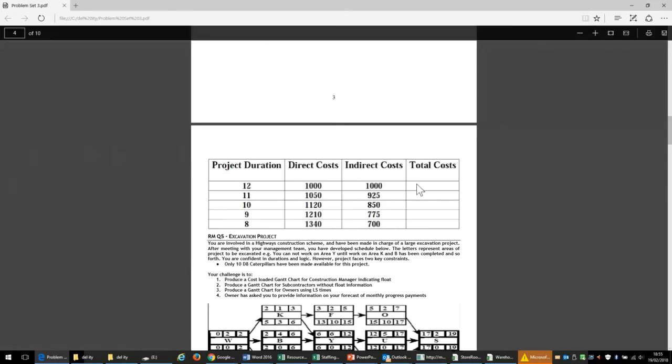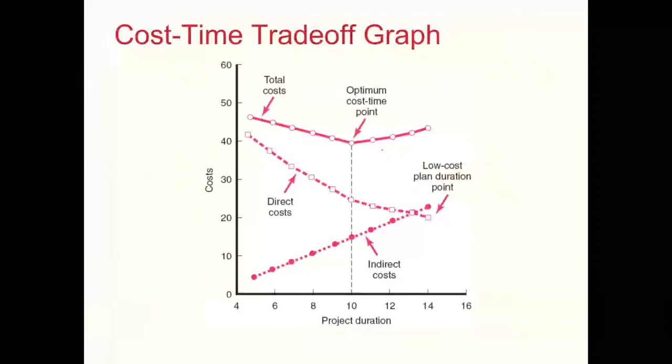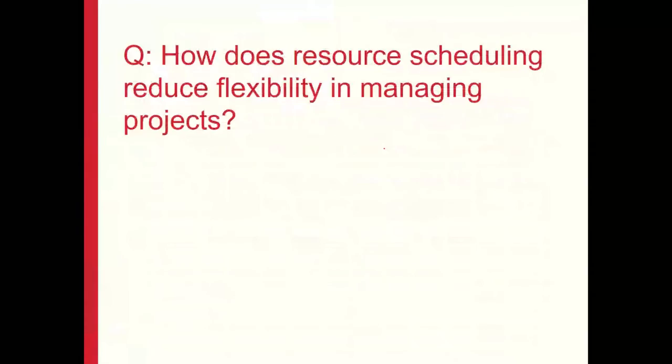So one option is to deliver this project with a total cost of 2,000 in a 12 months period, or deliver it in an 11 months period, and the overall cost would be around 1175, which looks slightly lower. So we plot these costs to have an overall view of what would be the best possible option for our customers.